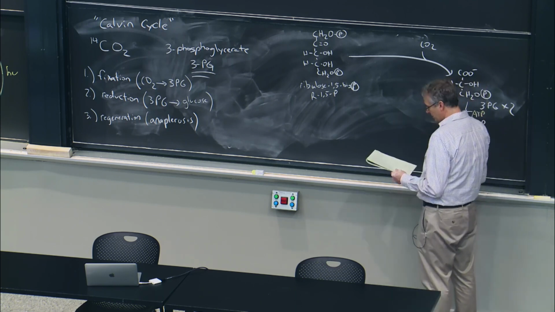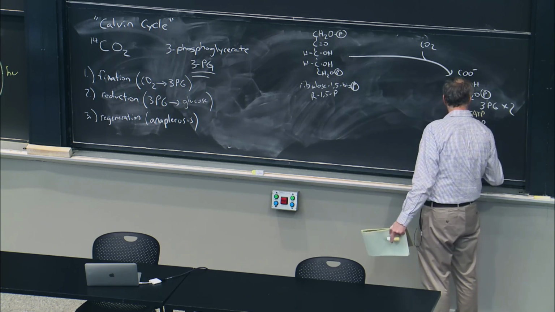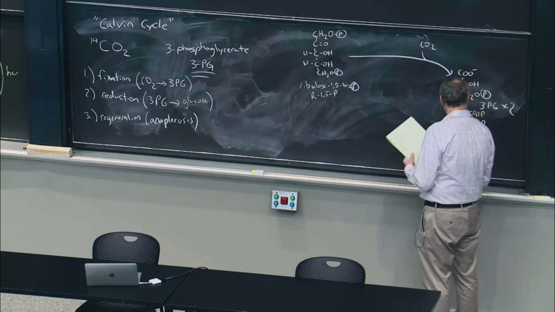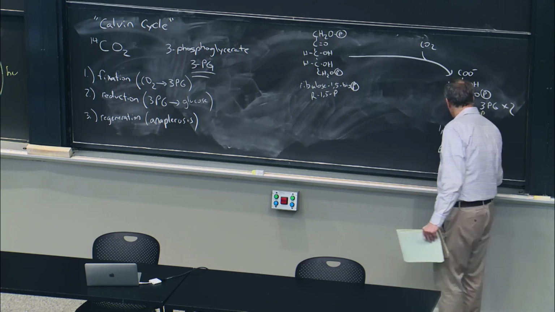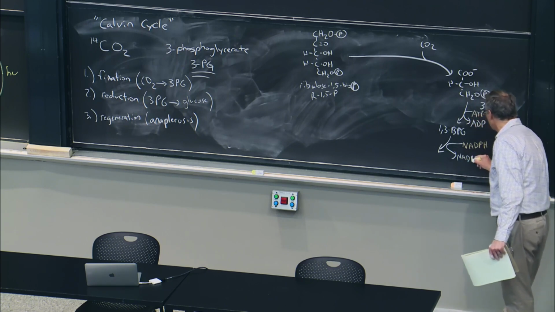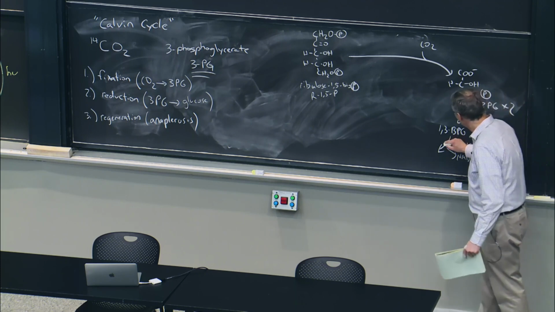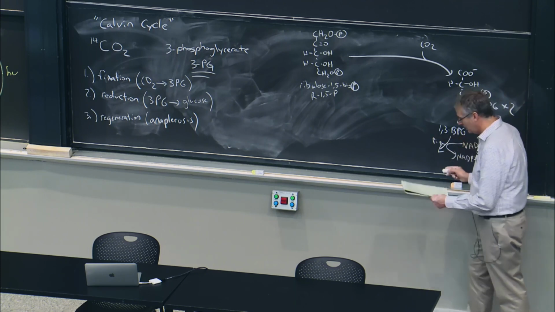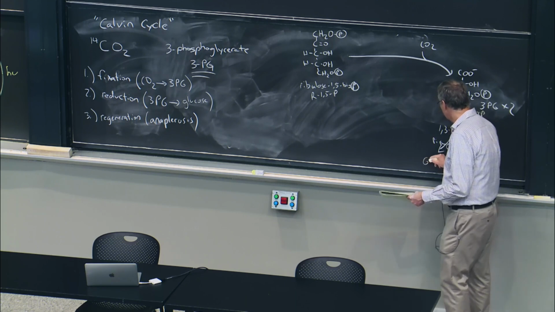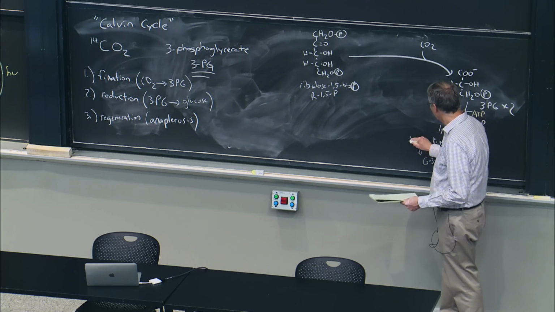I can now run the photosynthetic version of the GAP-DH reaction, which is exactly the reaction that you saw in glycolysis, except now we're going to use NADPH rather than NADH as we described for glycolysis and gluconeogenesis. All right, and so that's going to give me glyceraldehyde 3-phosphate.